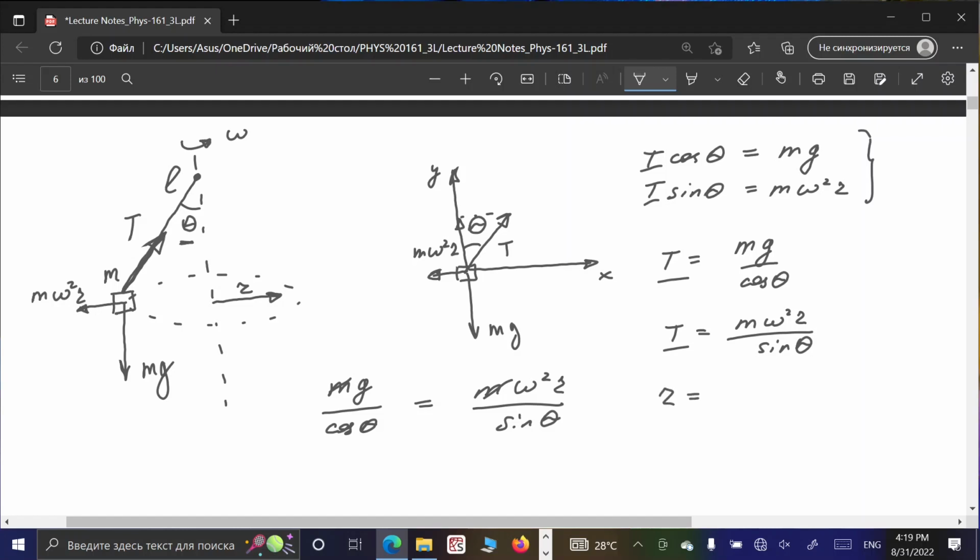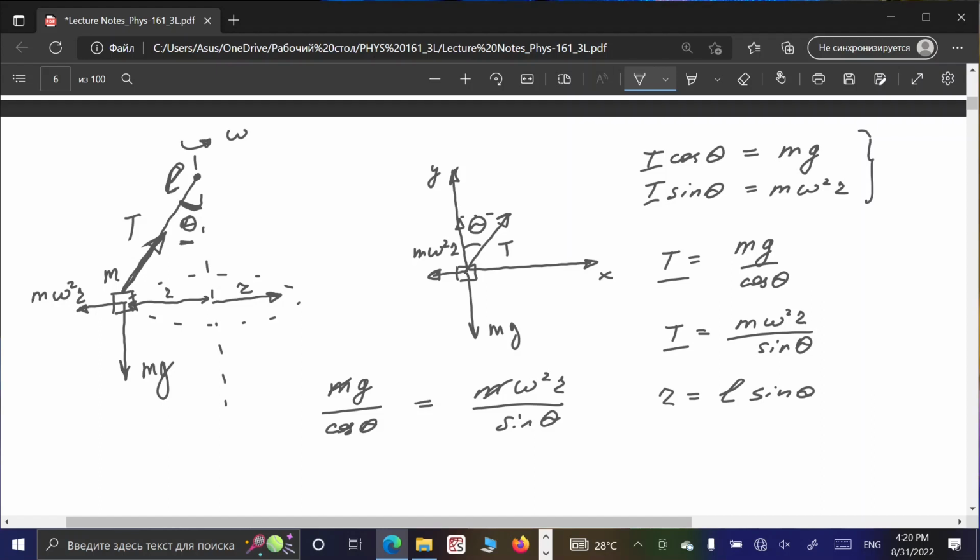Radius is equal to the length of the rope times sine theta, L times sine theta. So you see from here we have this length of the rope, this angle theta, and this will be the radius of the circle.